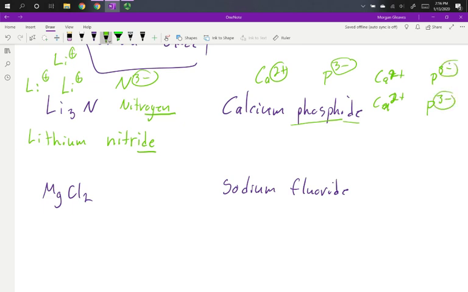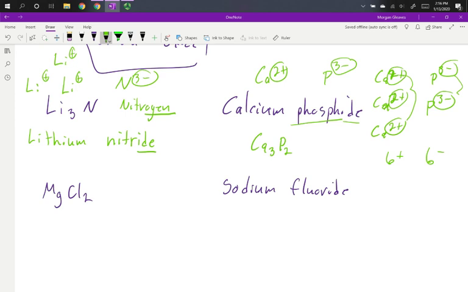Well, they come as 3-. So now I have 6 minuses and 4 positives, so I add more calcium. And there we go. If there are 3 calciums, I have a total of 6 positives. 2 phosphides gives me 6 negatives. That will cancel out. So my formula is Ca3P2. I need 3 calciums and 2 phosphides as the ratio before they cancel each other.